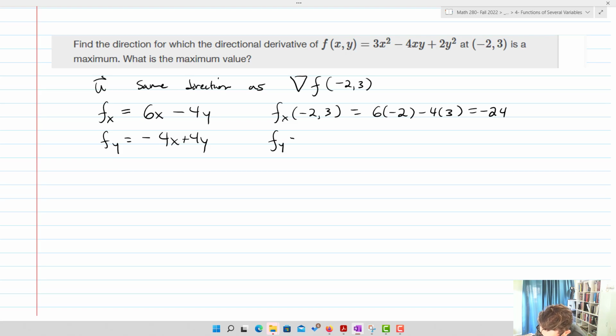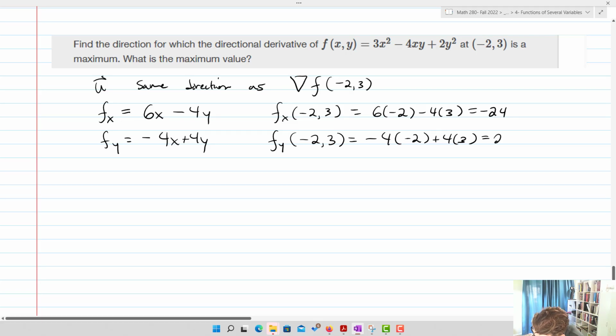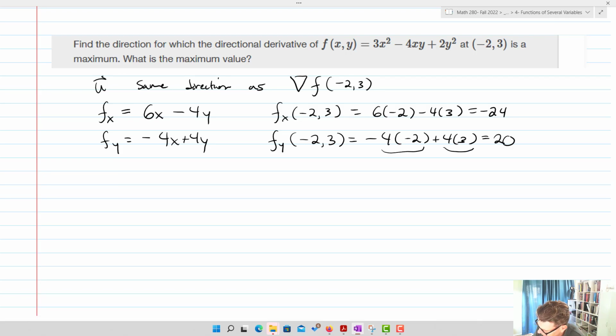And fy at negative 2, 3 will equal negative 4 times negative 2 plus 4 times 3. That ends up equaling, excuse me, not 4, but 20, so that's 8 plus 12, which is 20. So the gradient of f at negative 2, 3 is equal to negative 24, 20.